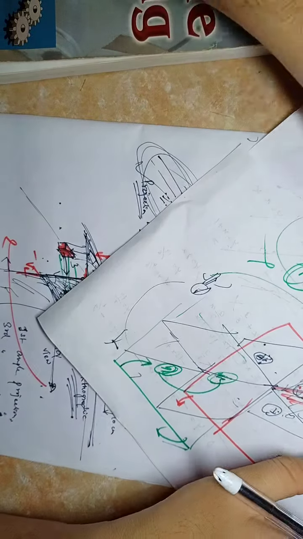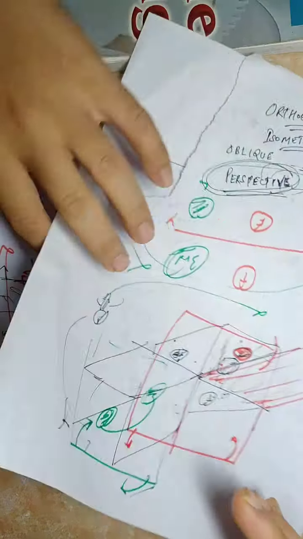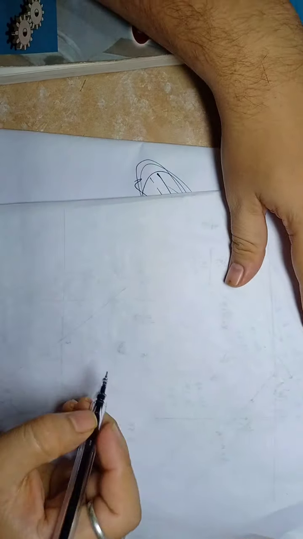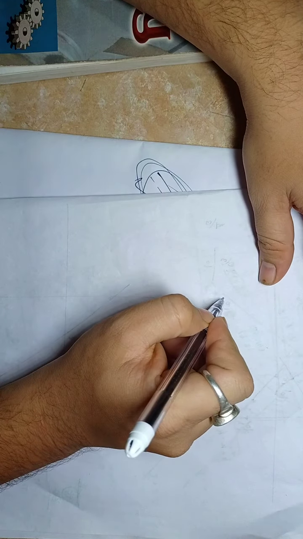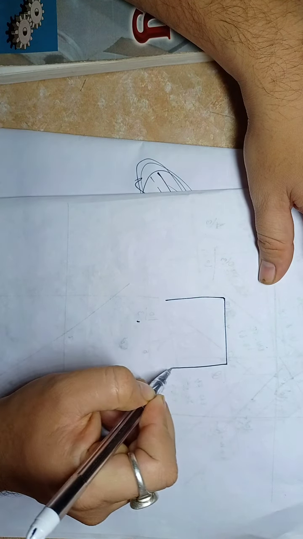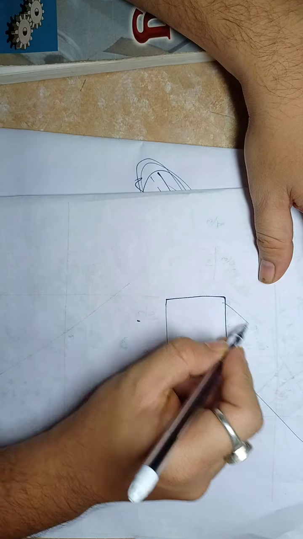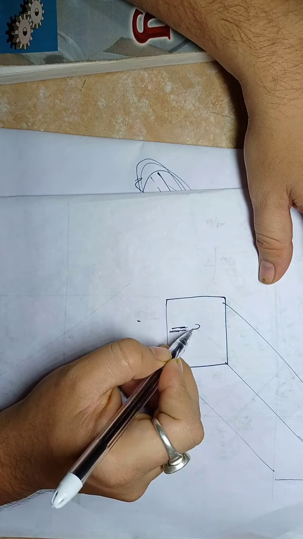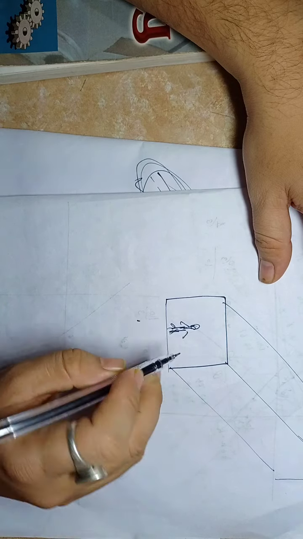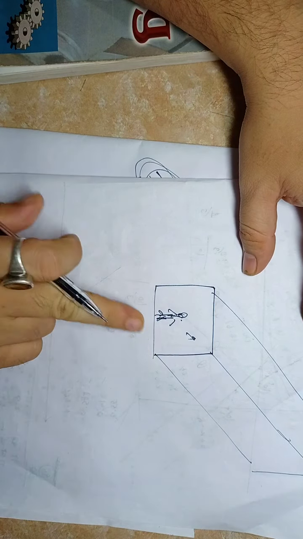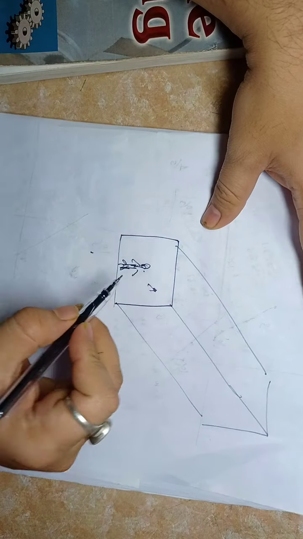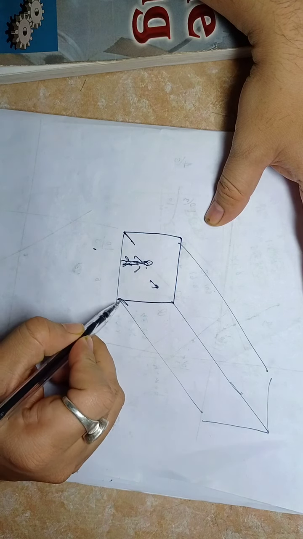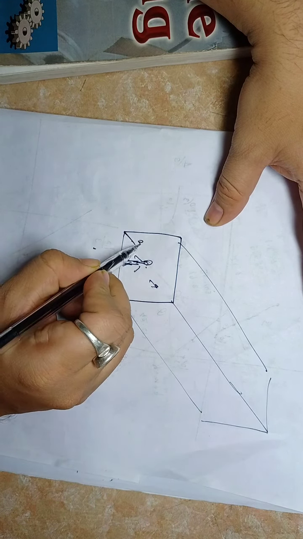All right, so for example, you are inside a long room. This is the room, and you are the person standing here and looking that side. Now look at these two edges of the room, edge 1, edge 2.